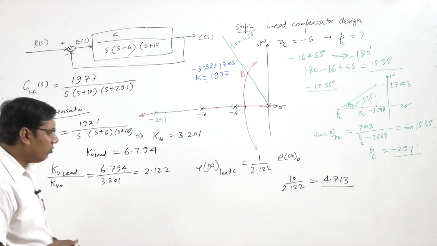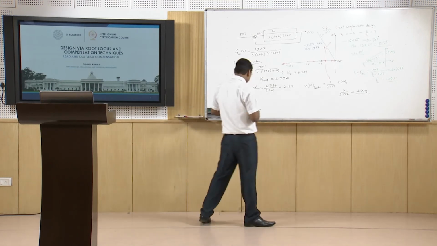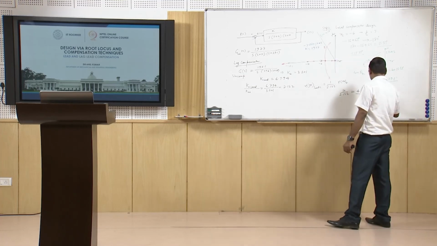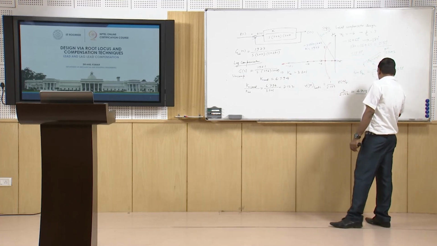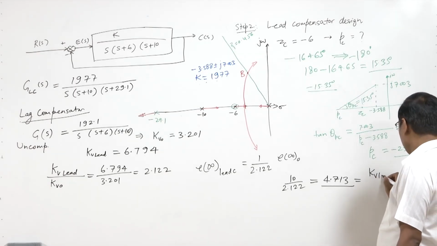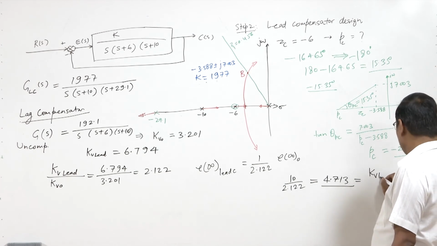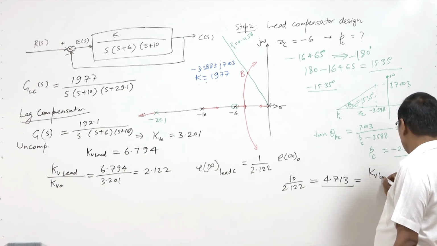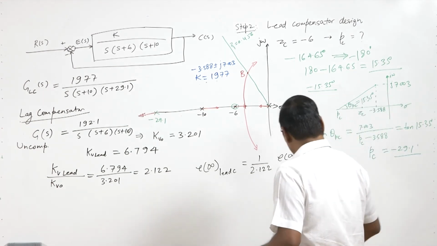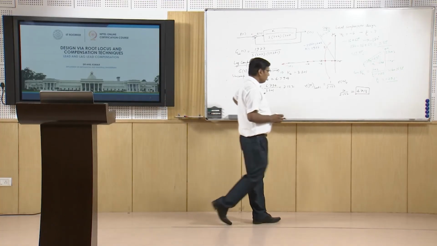So 4.713 we need, and this is the 4.713 and that is KV lag by KV lead.